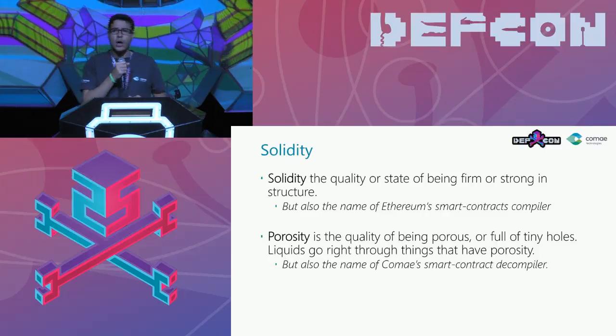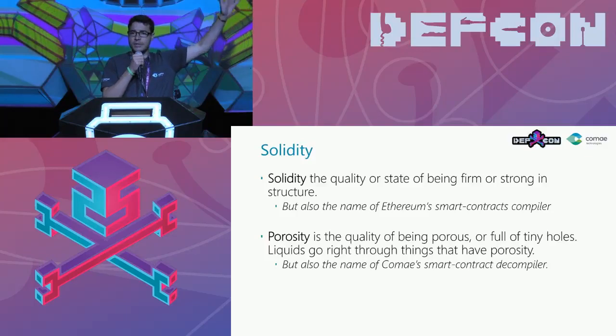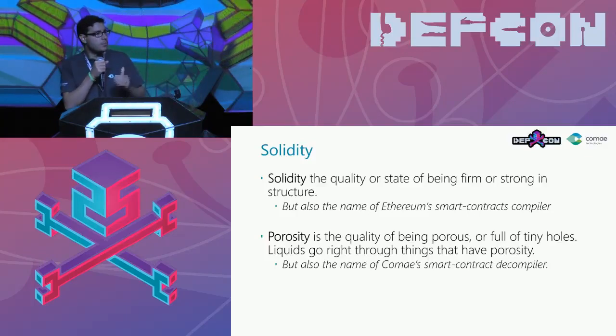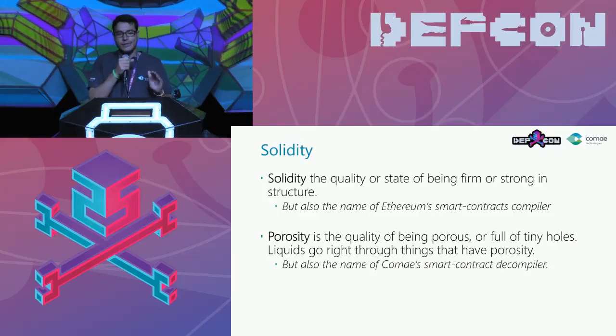So, how many of you are familiar with Solidity? Please raise your hand. Basically, Solidity is the compiler for Ethereum. The way Ethereum executes smart contracts is a software layer on top of the blockchain.